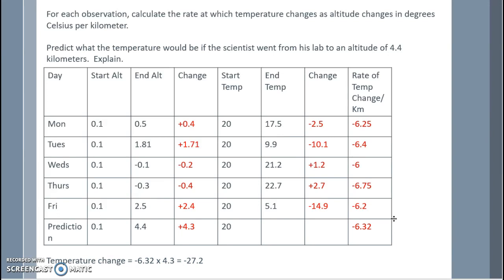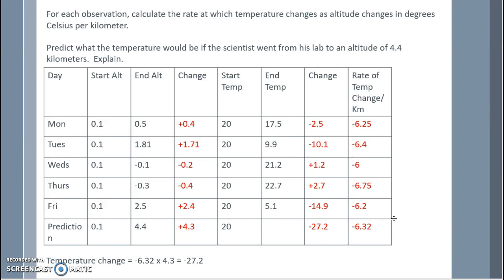We could figure out the temperature change by taking -6 and 32 hundredths, multiplying it by 4 and 3/10, going the opposite of how we found them, so reversing the rules. So for an end change of -27 and 2/10.